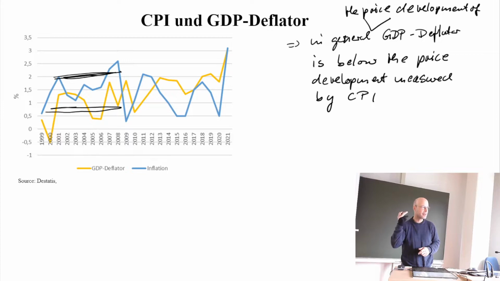What do you think then? Well, you say, I'm still working as good as last year. And if prices in general for private consumption go up by 2 or 2.5%, then you would go to your company and say, well, I'm still working as good as before. So I want that you raise my wage by this amount of roughly 2.5%. And this seems reasonable.